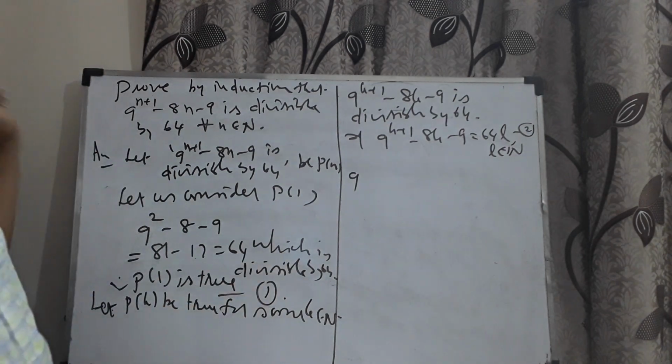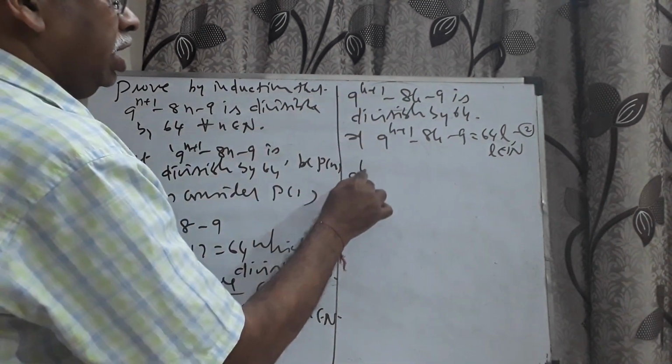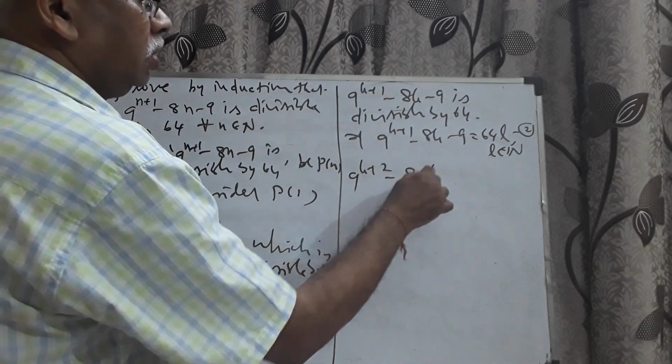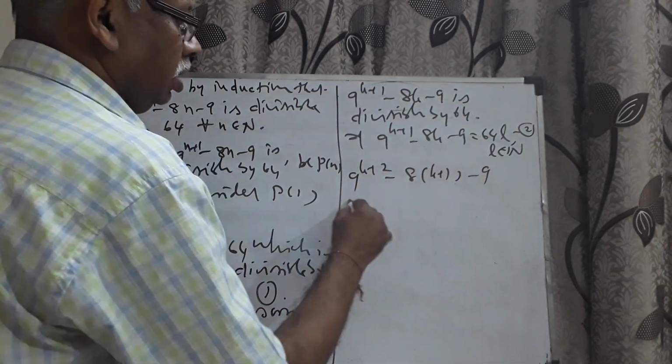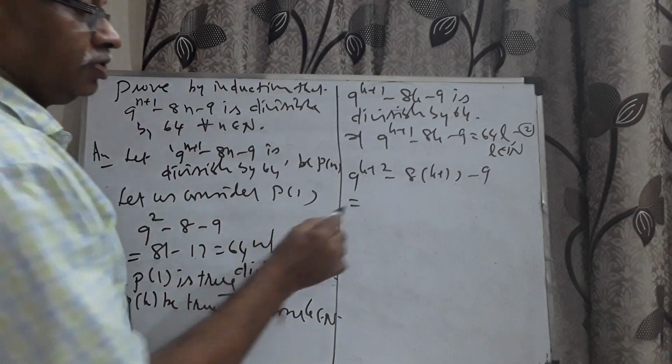Now I need to prove the result is true for k plus 1. Therefore, 9 power k plus 2 minus 8 into k plus 1 minus 9. I had to replace n by k plus 1. That's the meaning.